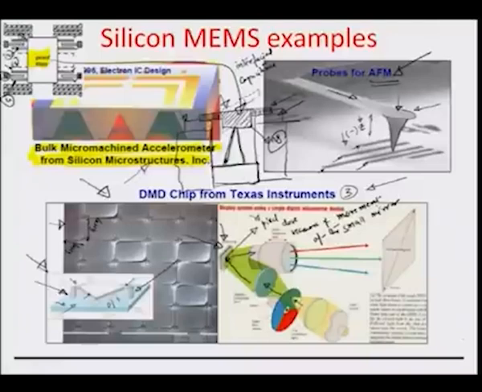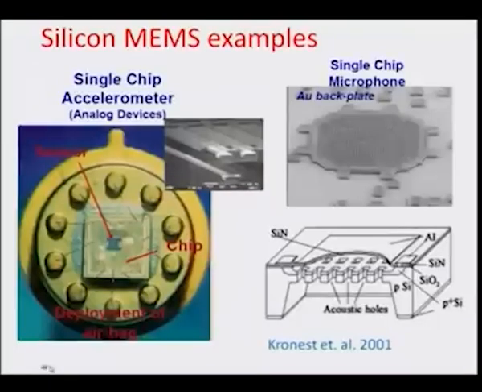Let us look at some of the other examples of MEMS. These are two very interesting examples of silicon MEMS. Again, an accelerometer device from Analog Devices, which is used typically for the deployment of airbags, as I was mentioning. And this is again a single chip microphone, where the principle is based on a vibrating membrane, which is highly perforated, as you can see on the bottom, and you have a layer of piezoelectric material coated on the top.